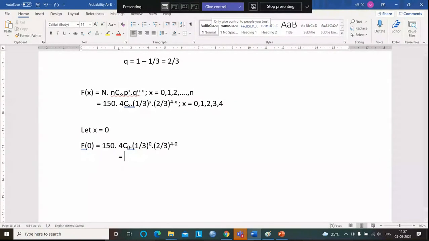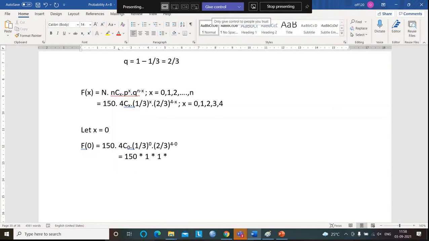That is equal to 150 into 4C0, which is 1, into (1/3) to the power of 0. Something to the power 0 is nothing but 1, into 4 minus 0, which means 4, that is (2/3) to the power of 4.